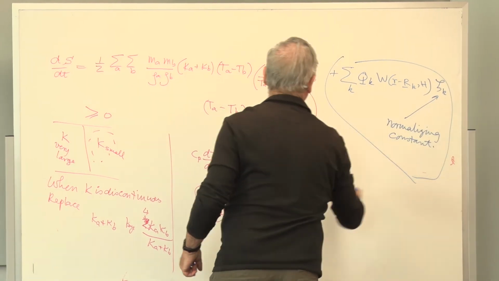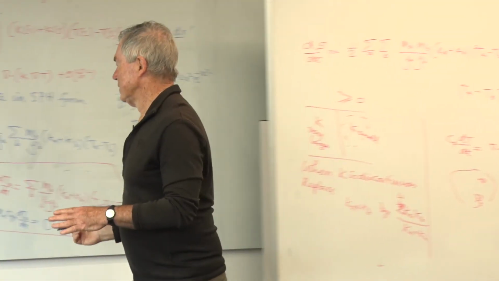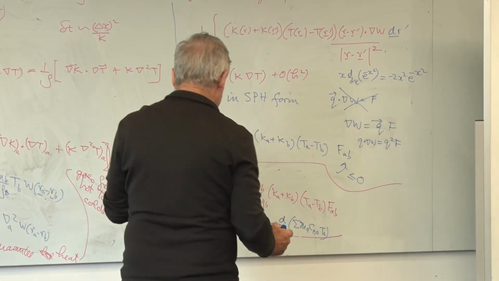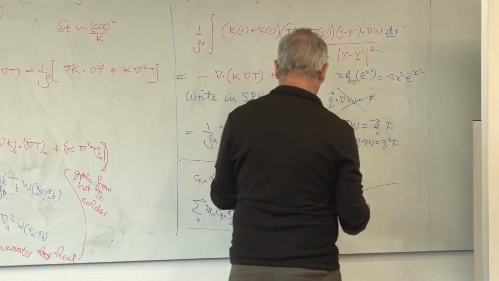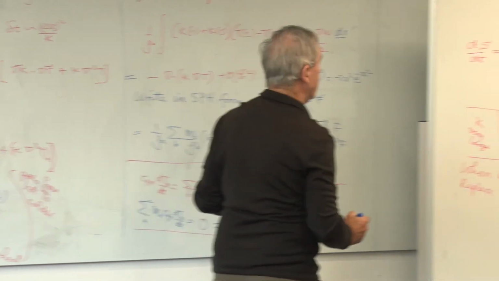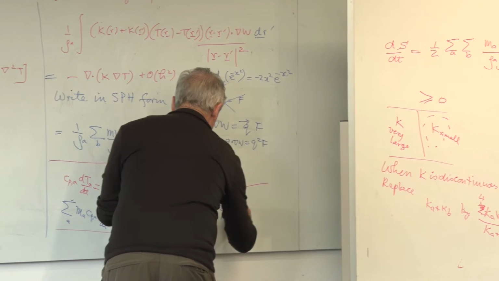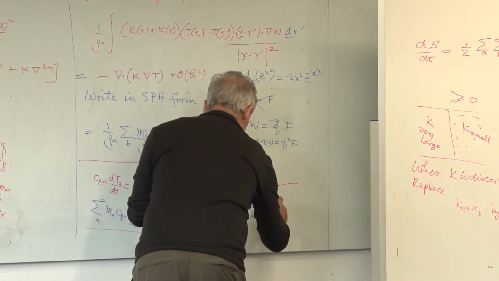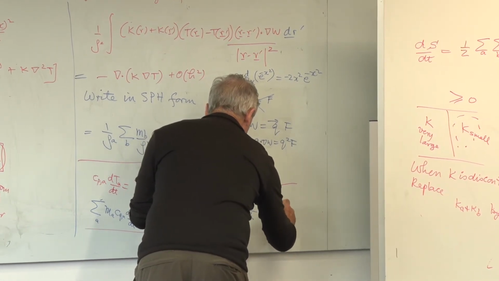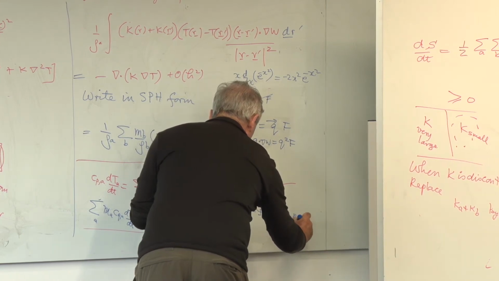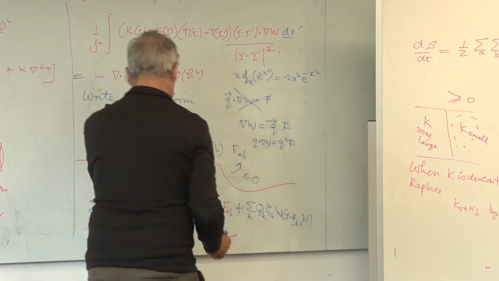I'm running out of board space. Look, sorry about that. I'm really down here, aren't I? Oh, how embarrassing. Never mind. I'll just go down to this and put C_K as my normalizing function and a W of R minus R_K, and some length scale.